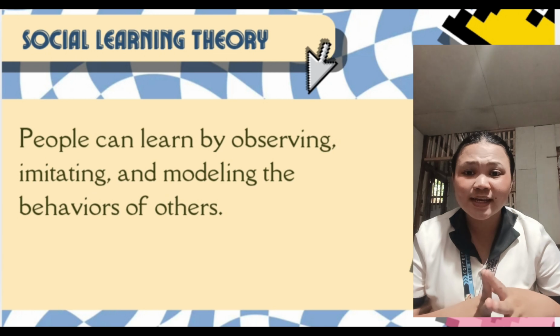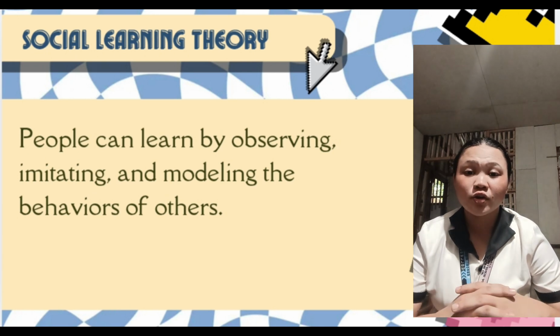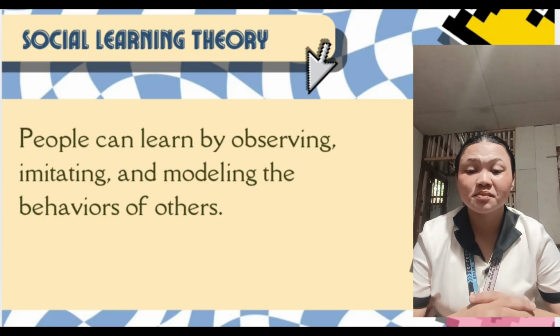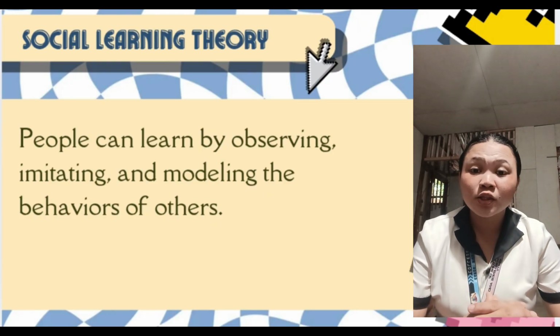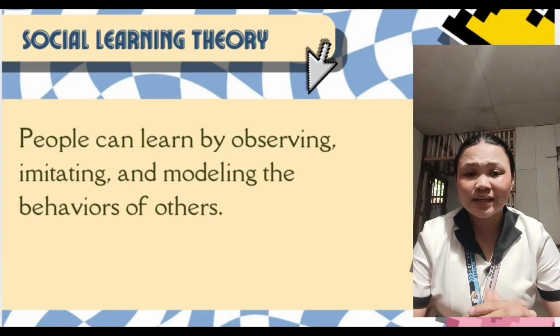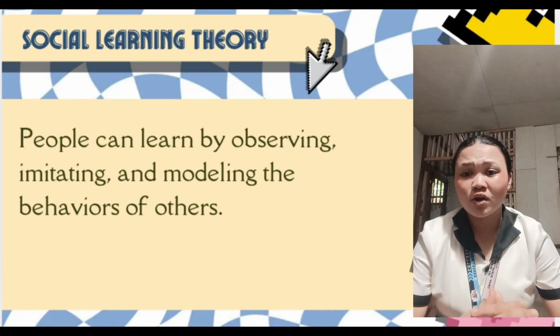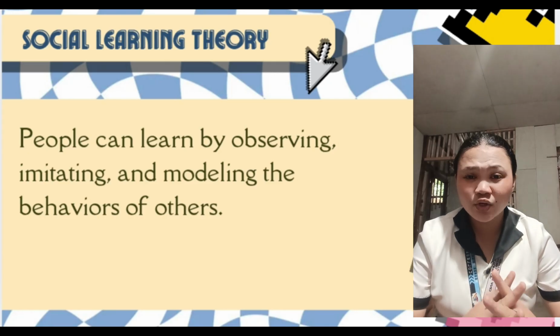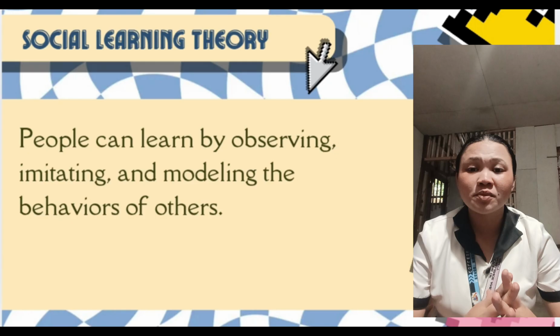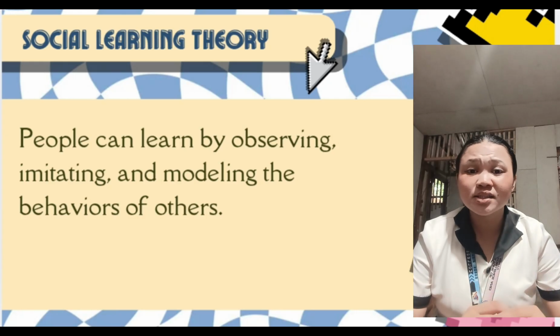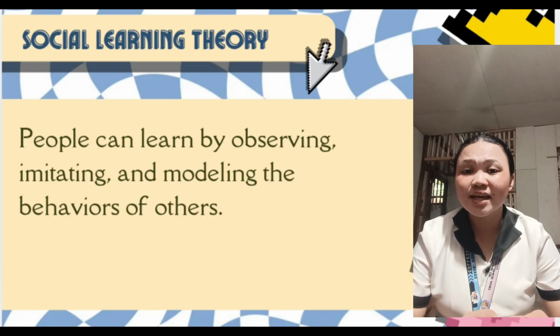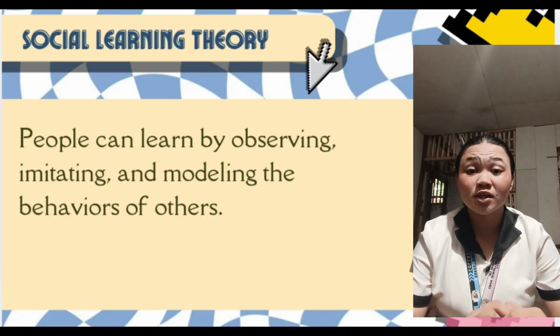The fourth theory is social learning theory developed by Albert Bandura. People can learn by observing, imitating, and modeling the behavior of others. So this theory explains that people can learn by observing, imitating, and modeling the behaviors of others. Learning does not always require direct experience. Learners can acquire behavior, skills, and attitudes by observing other people.